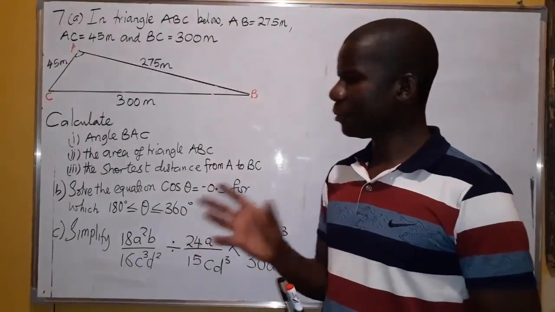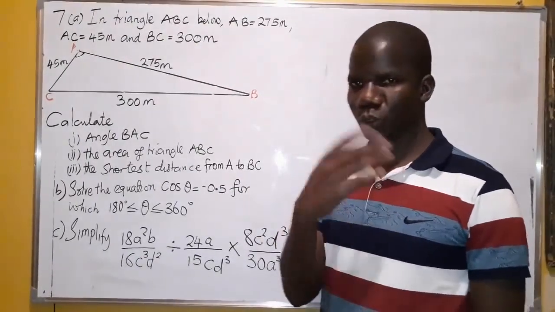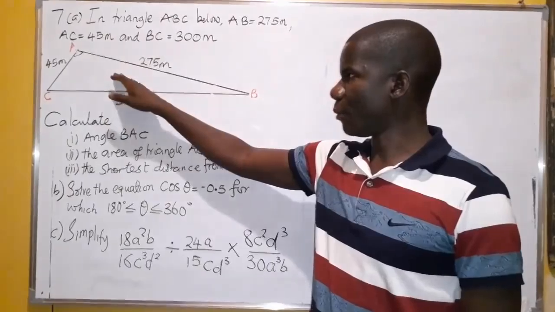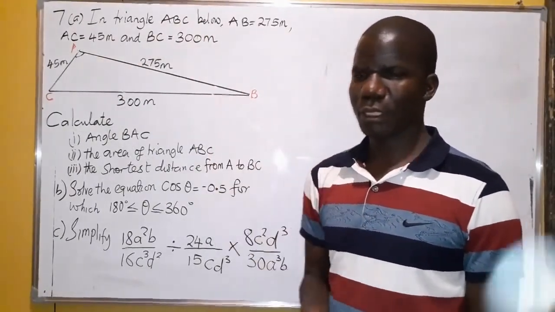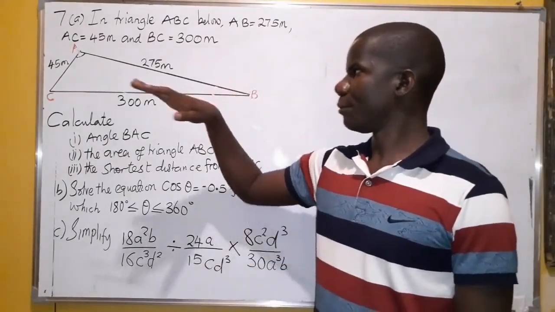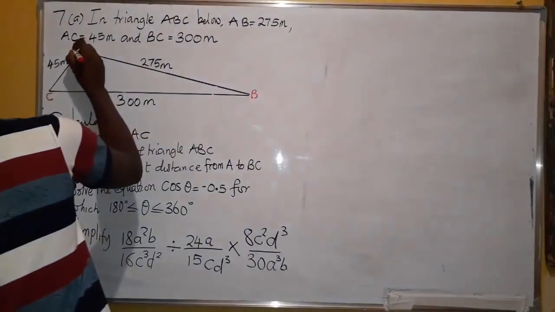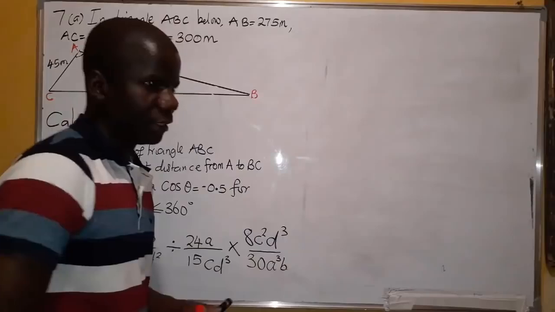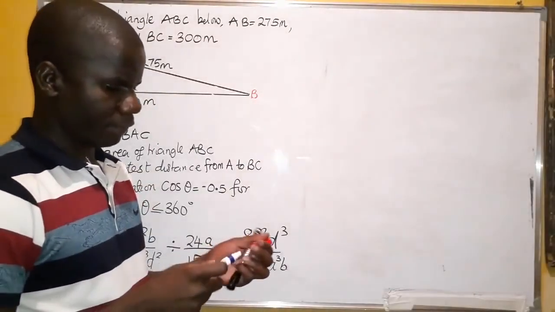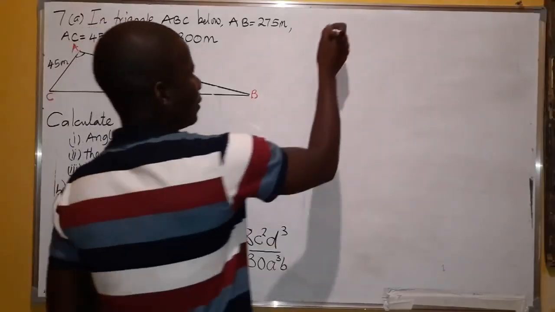A cosine rule question can be phrased in 2 ways. In this one, the 3 sides of the triangle are given and they ask you to find one of the angles. So here we're going to use the cosine rule, and where all the sides are given, we use this formula.